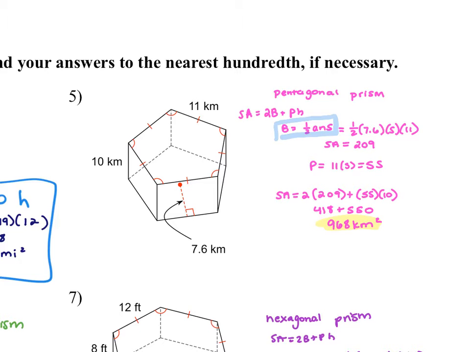Okay, so I'm going to find the area of my pentagon base. Let me go ahead and label all of these numbers. So I can see my apothem is over here. It's the 7.6. My side length of my pentagon is the 11. The 10 is the height of the prism.